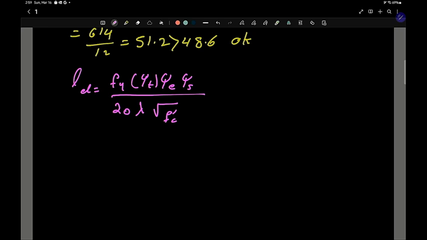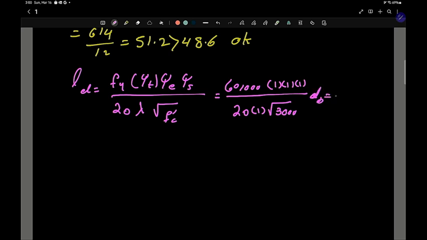Okay, then we have 60,000 times 111 divided by 20 times 1 times square root of 3,000, and that comes out to 54.7 diameters of the bar.